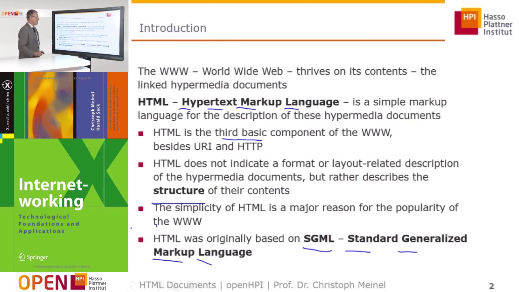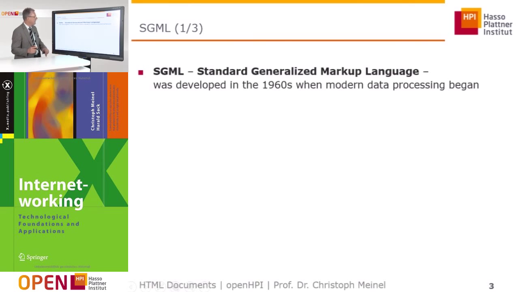And to understand HTML, we need to have a look at this SGML language. SGML was developed in the 1960s. It was a time when different computers came with different formats for their documents.